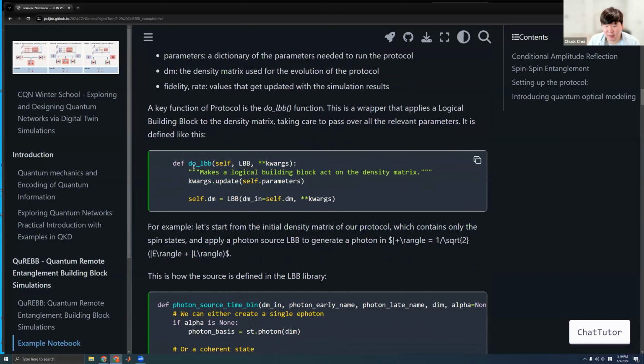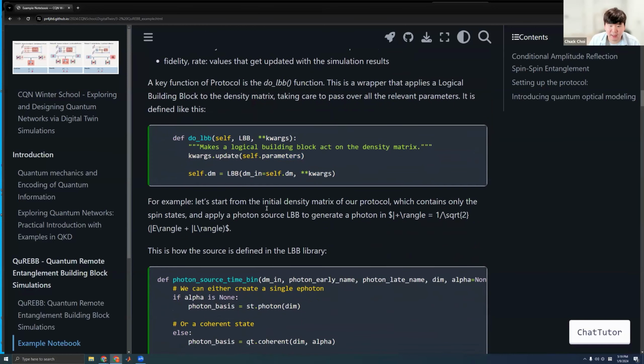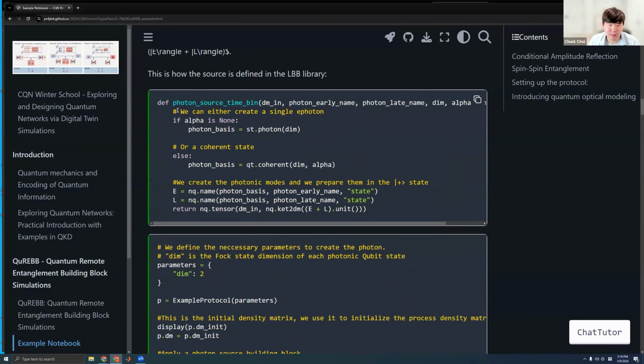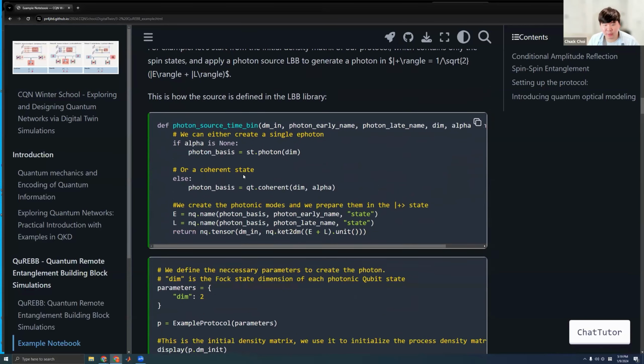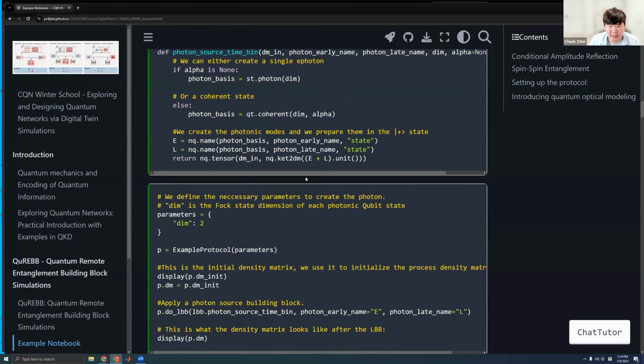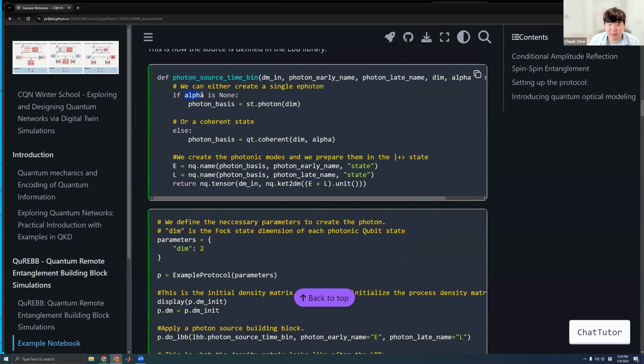If you put in the parameters that are needed for the logical building block, then you can actually configure it. And again, if you're following this code, you can configure your photon source in time bin basis. Here we can do the coherent state basis or the single photon basis by setting the alpha variable.